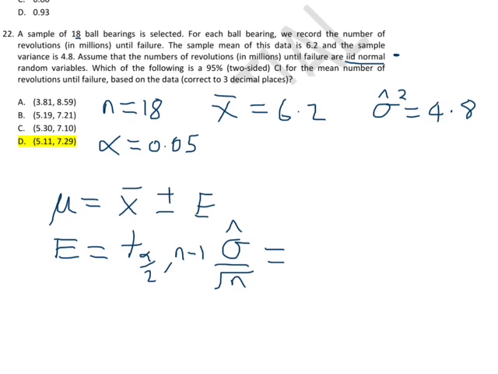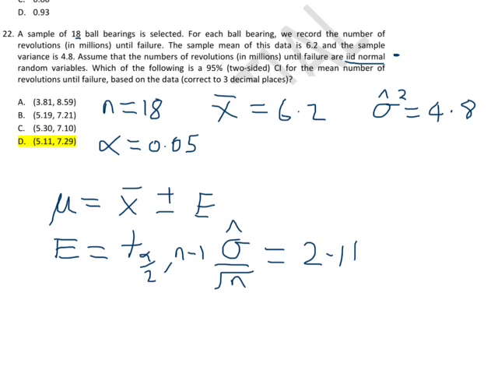You always have to be careful what the t tables are actually giving you. In our case, it's a two-tailed t distribution, and you can see that when it says the table below gives values of t of alpha over 2, and then in the table itself it lists alpha. So we're looking at the second column along, with 0.05 at the top, all the way down. N is 18, so we want 17 degrees of freedom, and that's going to be 2.11.